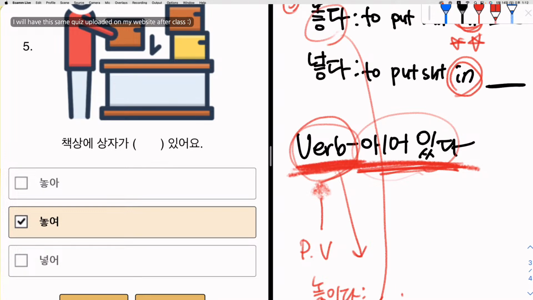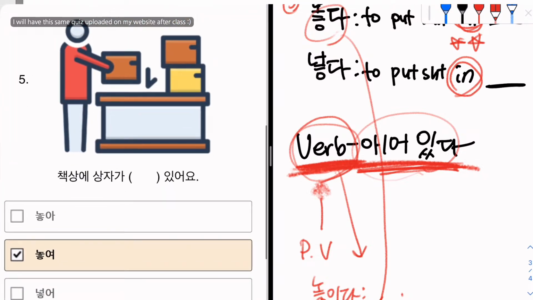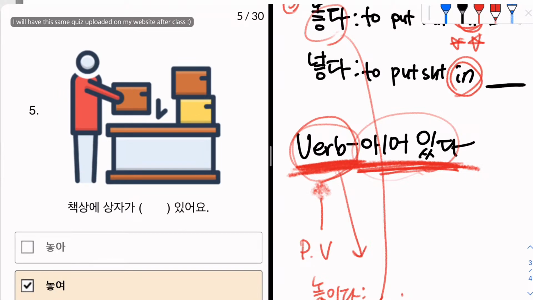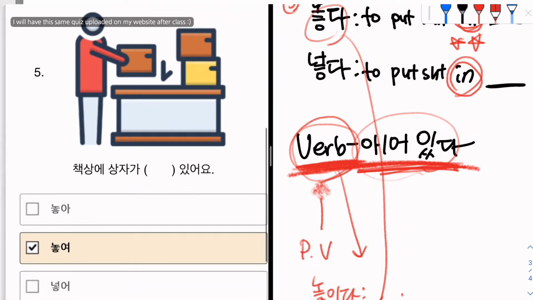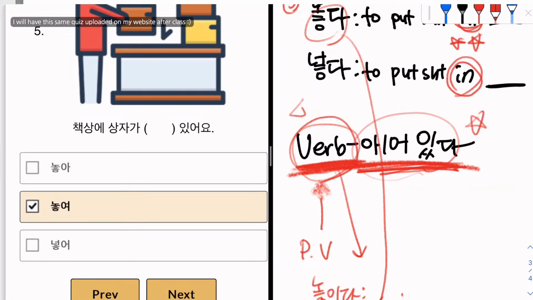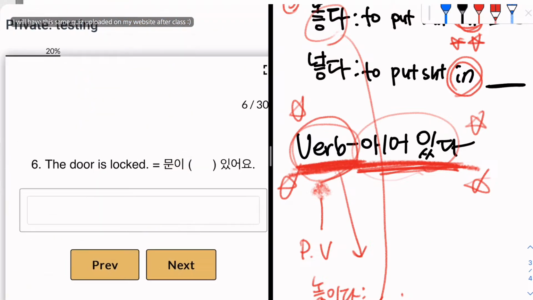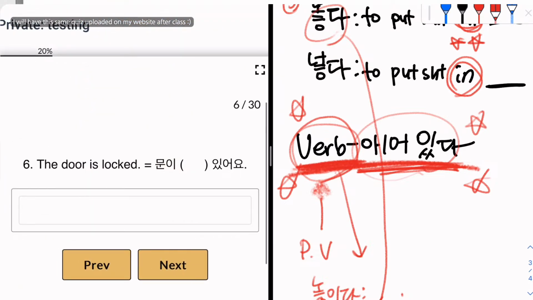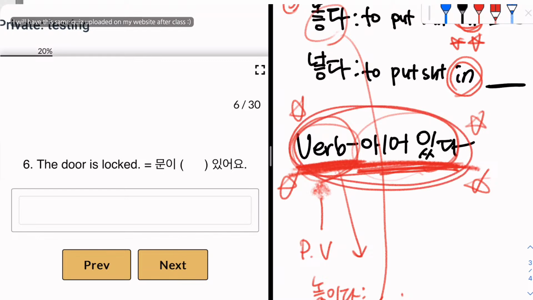So 책상에, on the desk, boxes are staying put on. So you can say 놓여 있어요. If you recognize this grammar point, then you can easily find the answer. 놓여 있어요.